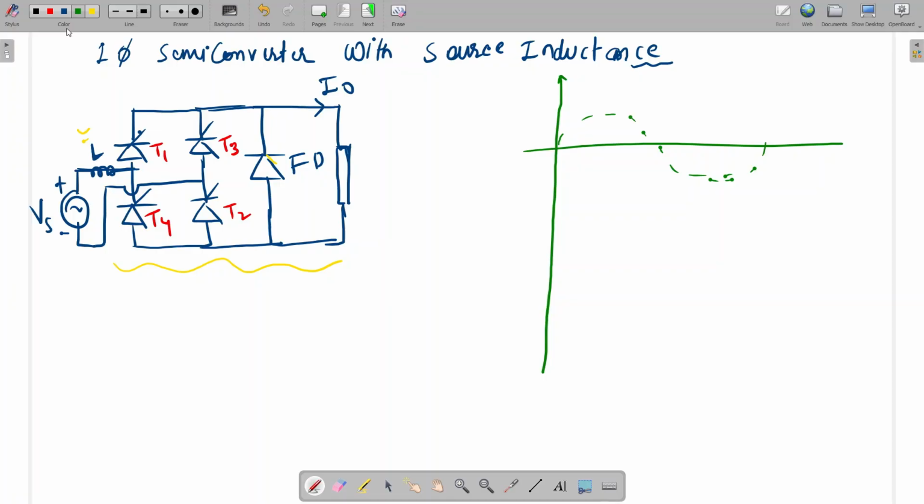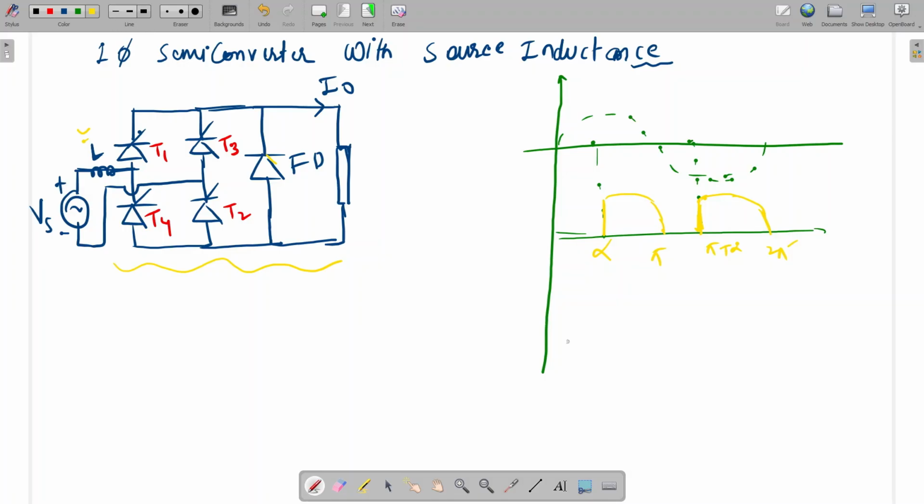So what will be the output voltage? Let's say here it is alpha, and here it is pi plus alpha. I'm drawing the output voltage here to here and here to here, so alpha to pi and pi plus alpha to 2 pi.